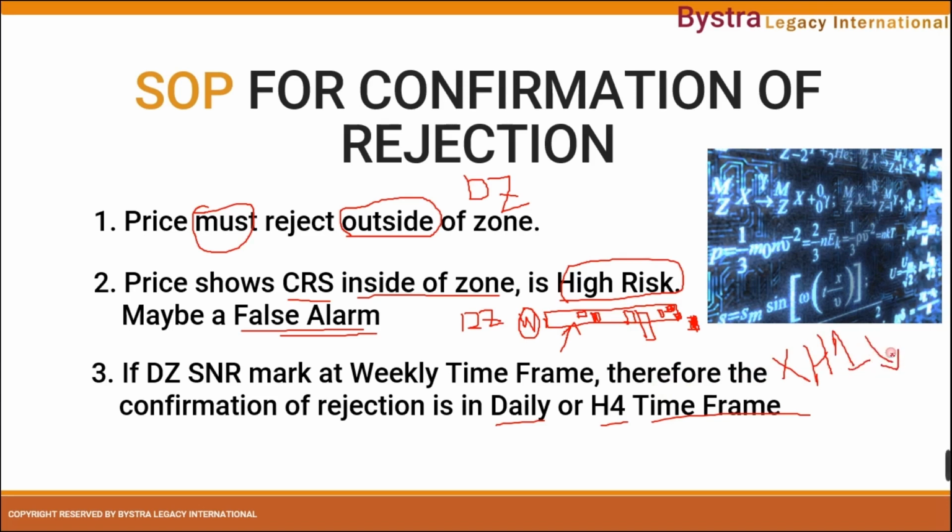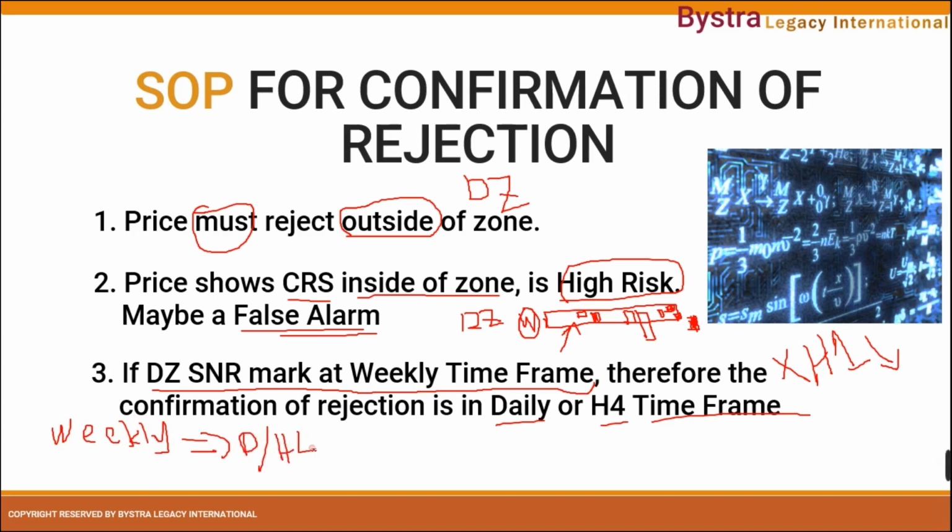No, we do not want H1 and below. We only want the daily or the H4 time frame if you mark the danger zone at the weekly time frame. So for weekly, you can check the confirmation at 2 time frames below, which are the daily or the H4.